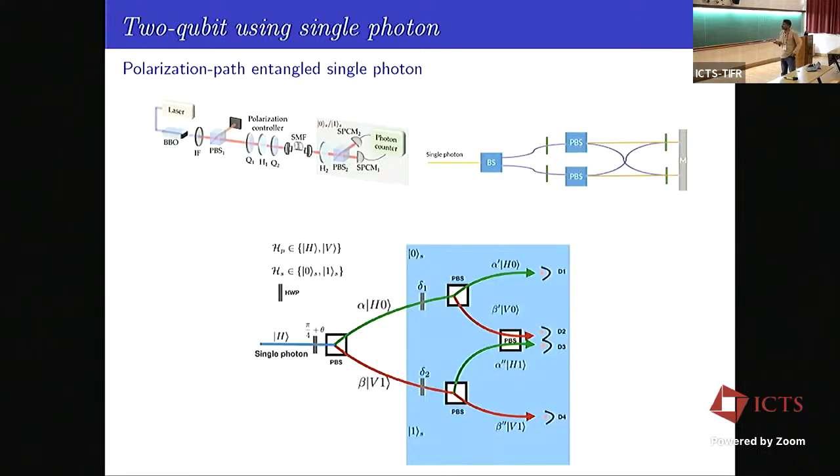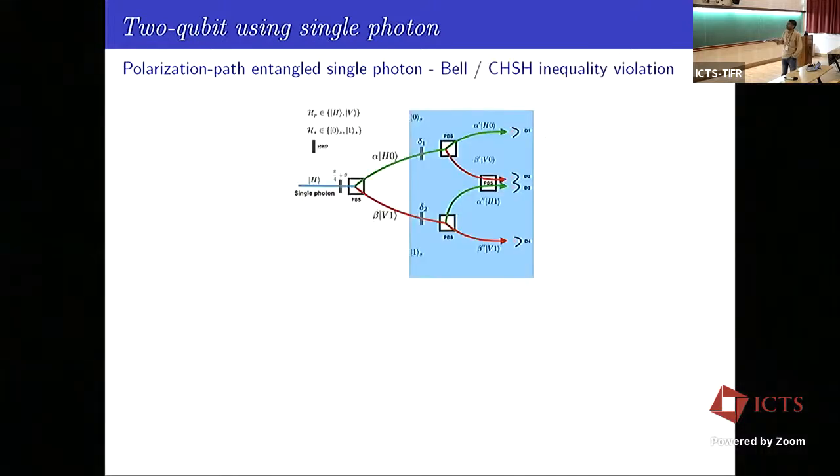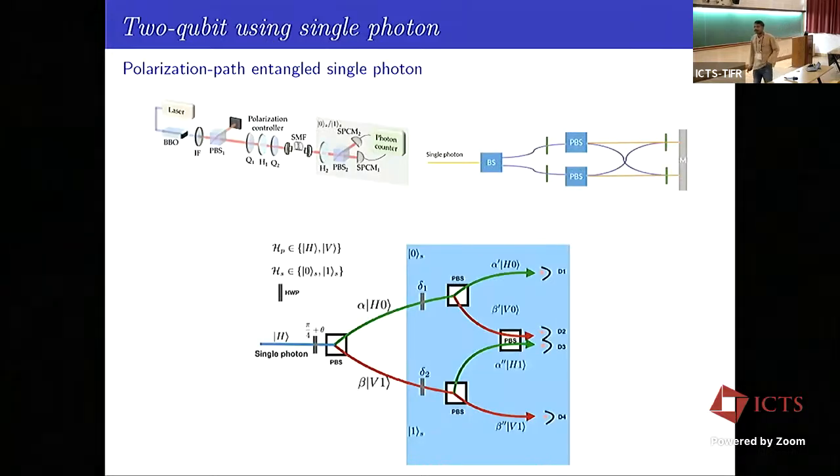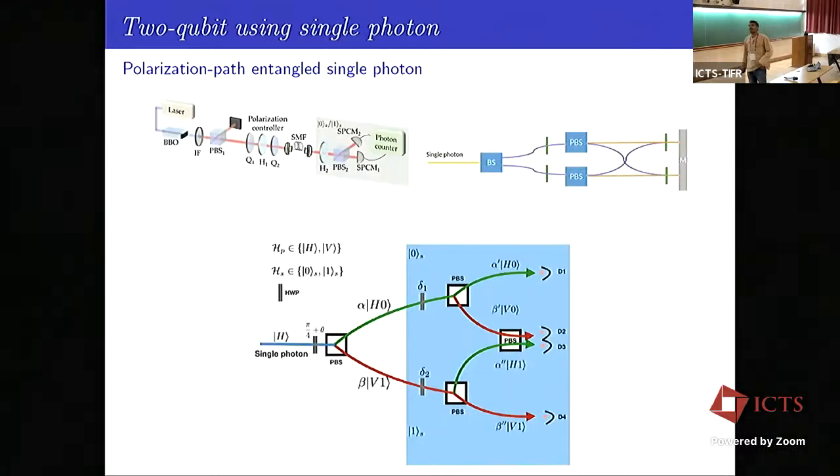Now, if I look at the output here, I would have four possible outcomes. It means I will have to have four detectors to measure, and I will have four possible measurement outputs: H0, V0, and then H1, V1 as the configuration. So I can choose the four possible measurement outputs, and all four basis states can be generated.